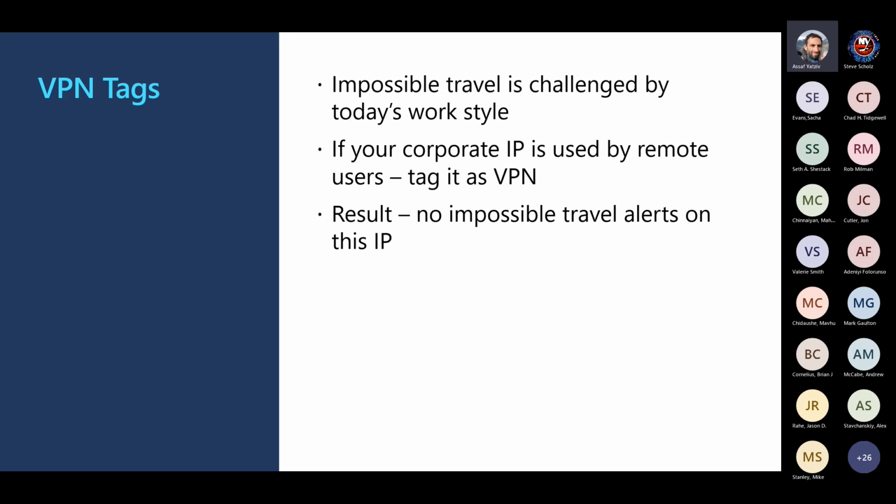But if you have users connecting through VPN, and the connection to the cloud applications goes through the internet from the corporate IP, then it's not just a pure physical IP. We recommend tagging it as a VPN, and this will result in no impossible travels from this IP. What it means is that we don't want this IP to be regarded as a physical location.